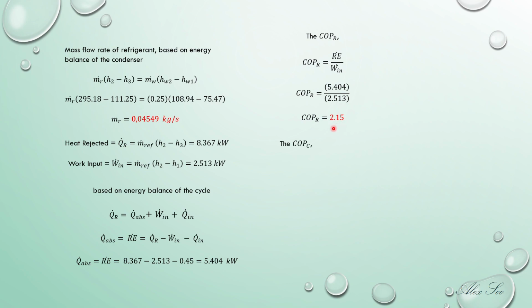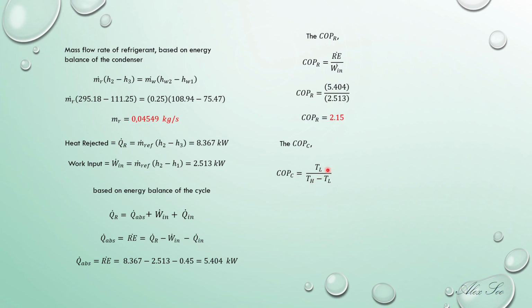And then the last part of the question. Earlier they said to find the maximum COP, where this subscript C stands for the Carnot cycle. For the reverse Carnot cycle, we have the COP as this.